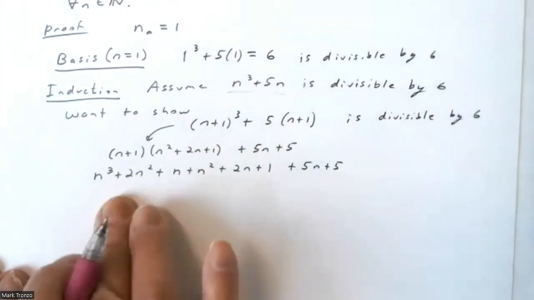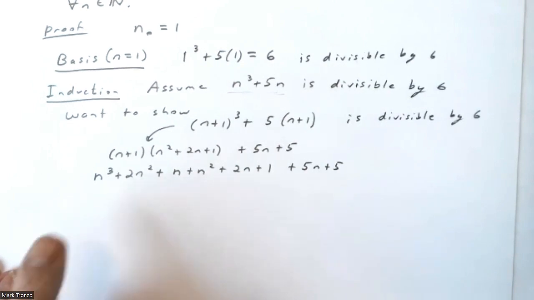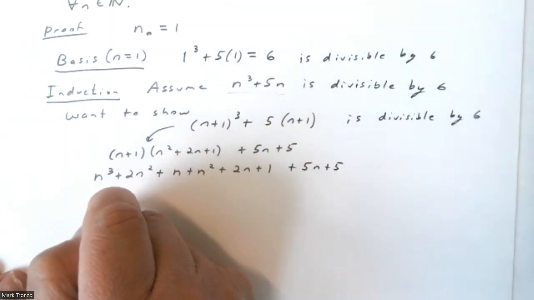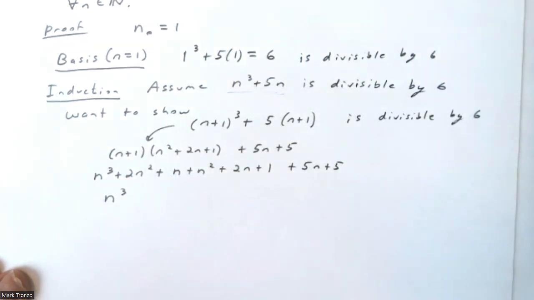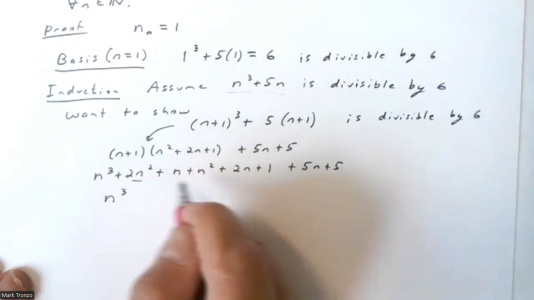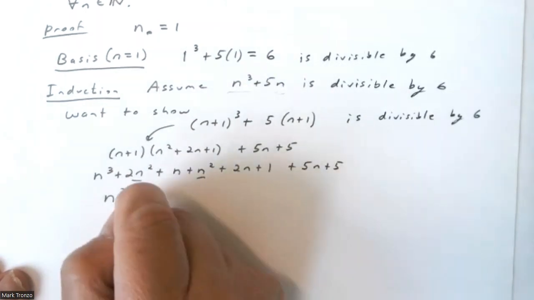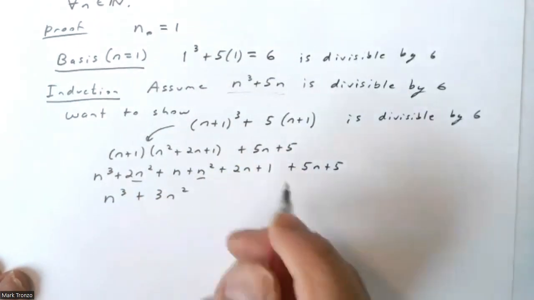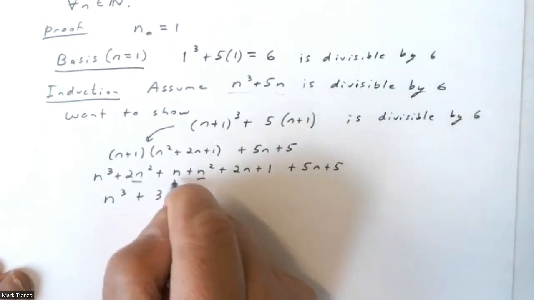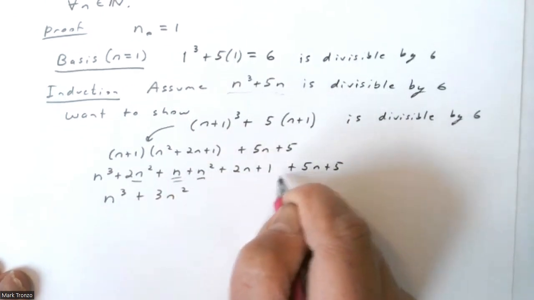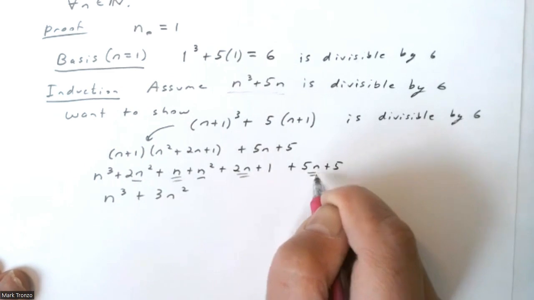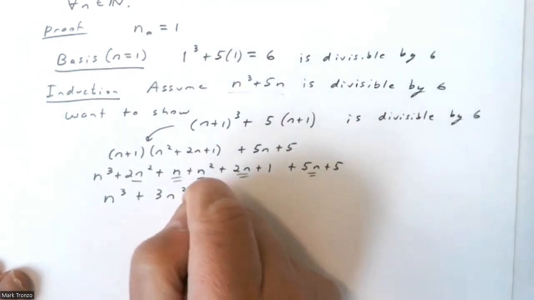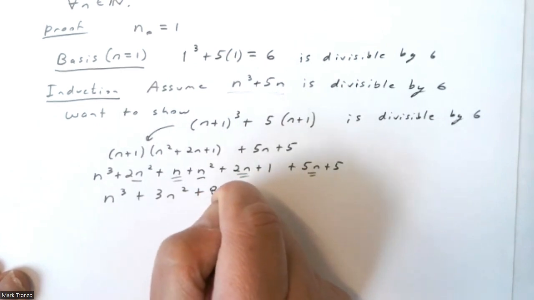And then let's try to combine some things here. So we have an n cubed. And then let's combine all of our squares. We just have those two, 2n squared. Then if we do the n's, it looks like 8n.